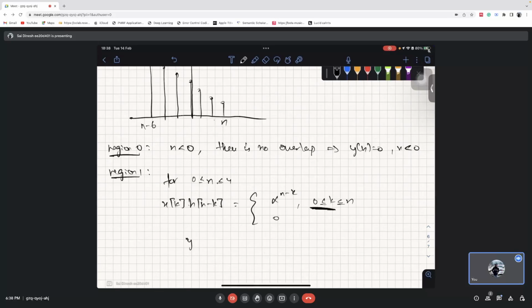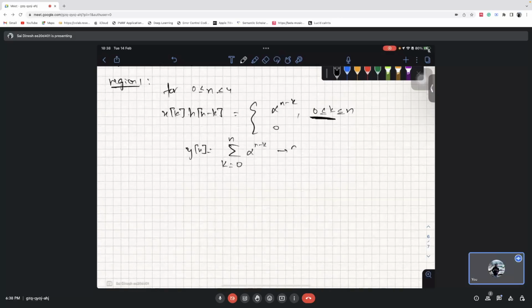So finally y of n would be the sum over k equal to minus infinity to infinity, which reduces to the sum from 0 to n of alpha power n minus k. So this is a GP that we have here, right?